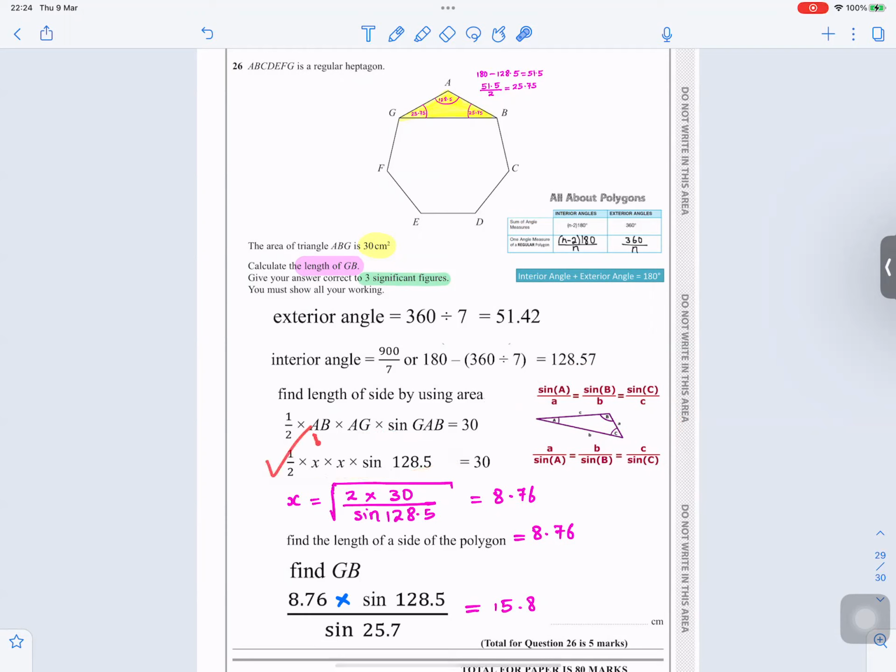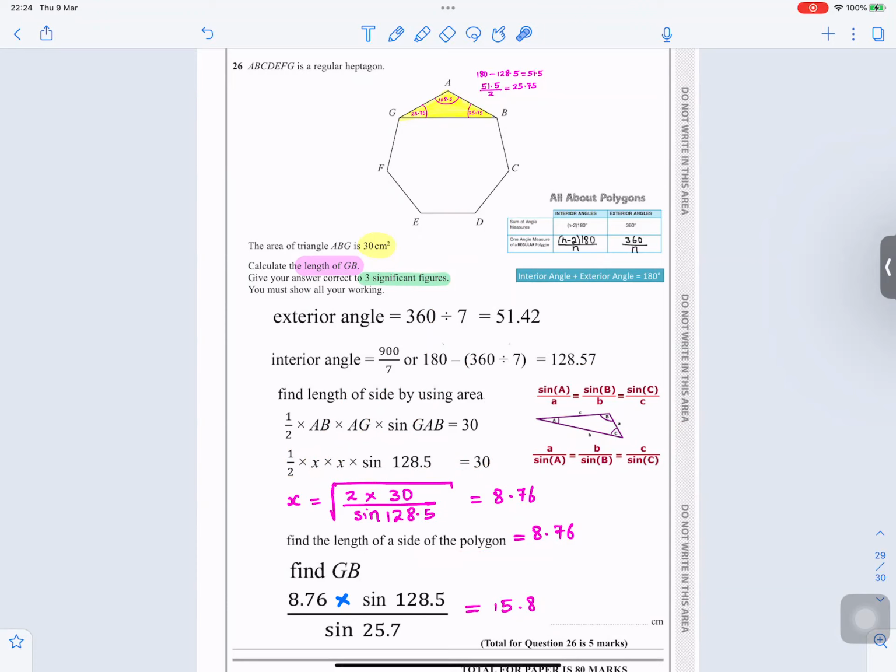Half times AB times AG times sine GAB is equal to 30. So x times x is x squared times sine of 128. 128 is the angle there in that middle part. So we can solve this equation to get x to be 8.76. So the length of a side of the polygon is 8.76.